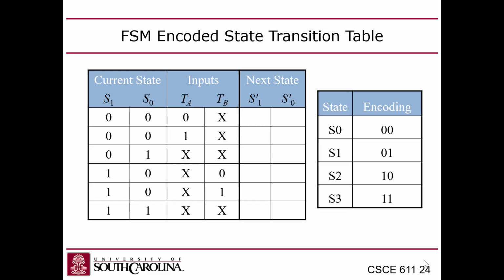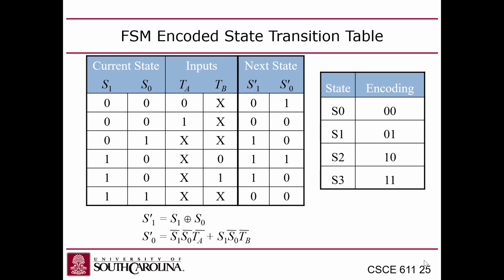You can assign these any way you want, but once you've assigned them, then you capture these encodings in the next state logic by replacing the current state and the next state symbols with these binary values. And once you've got that, then you can actually convert this table into Boolean logic.